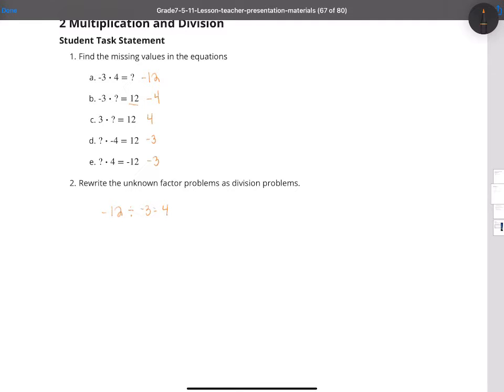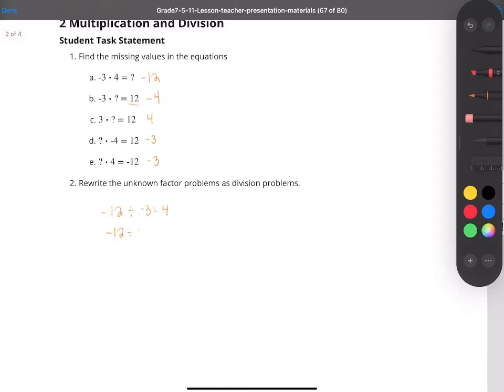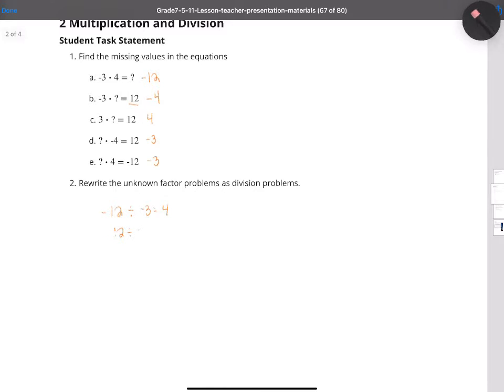For part B, what was missing was the 4, so we could put +12, I apologize about that, it would be +12 divided by -3 would equal -4 because in this case the 4 was missing.